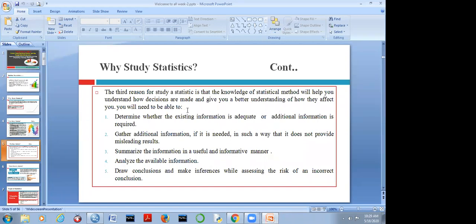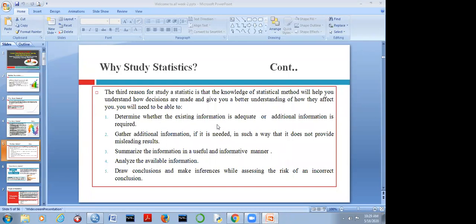Statistics helps us take decisions. Getting my point? If you are a good statistician, that means you are a good decision maker. It increases your insight. You will think about everything properly and deeply, and then you can take the decisions.